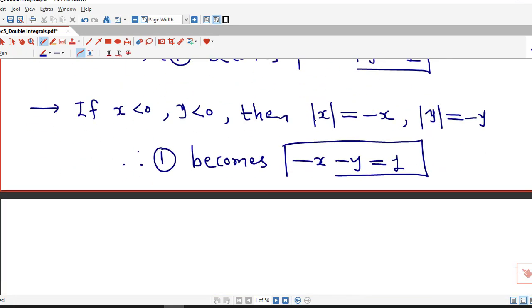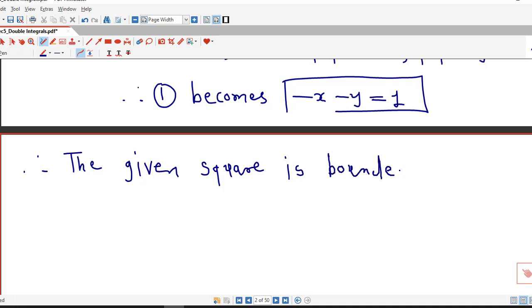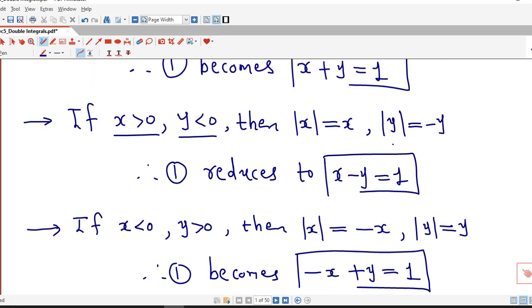So our square is nothing but, therefore the given square is bounded by, we write down all possible lines.